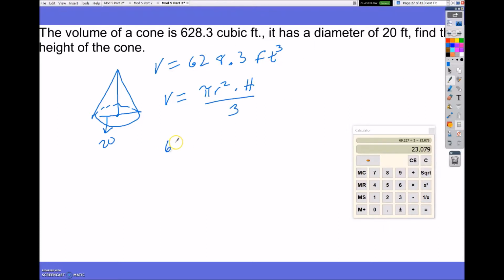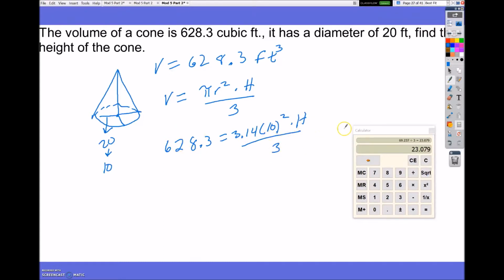I know that the volume is 628.3. I know pi is 3.14. Now, it doesn't give me the radius, but it does give me the diameter, which means half of the diameter is my radius, which is 10. So it's going to be 10 to the second power times height all over 3.